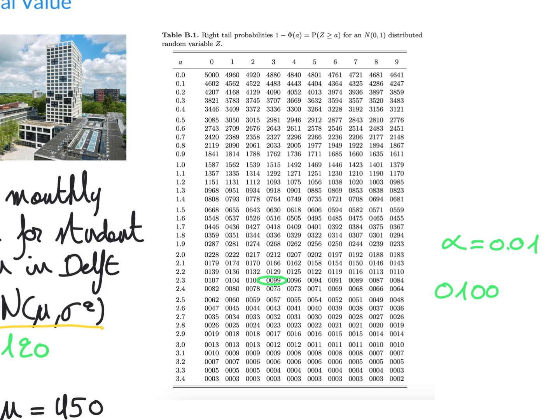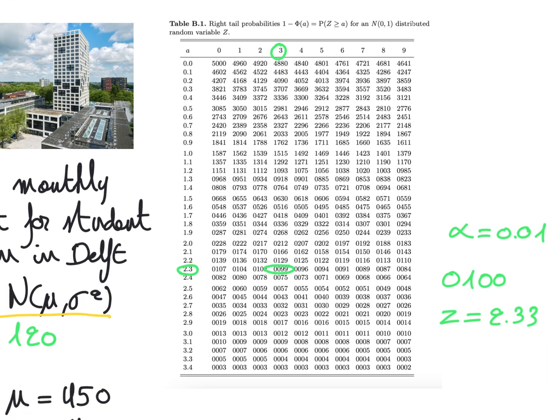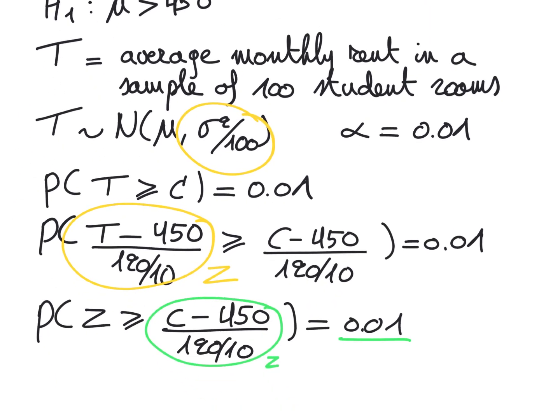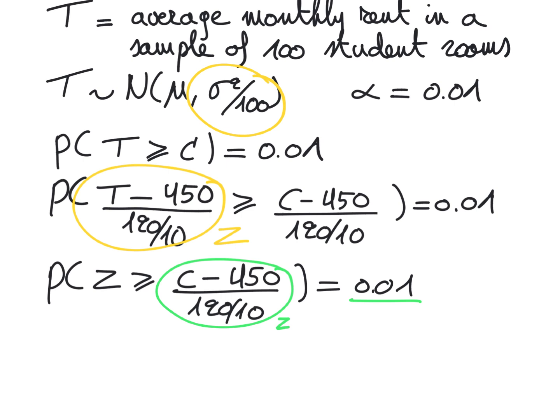Well, what is the corresponding Z value? Apparently 2.33. So the Z value that we need to use is 2.33.